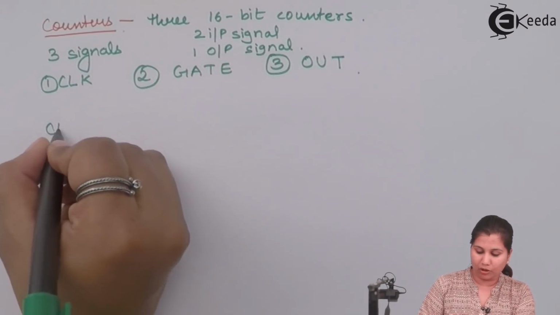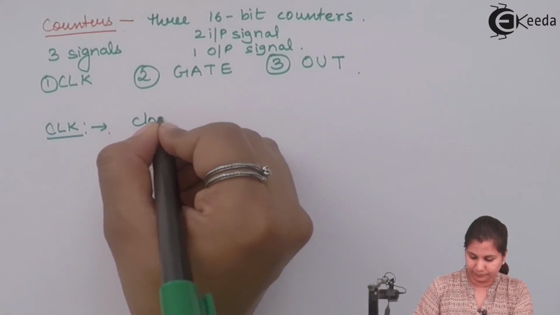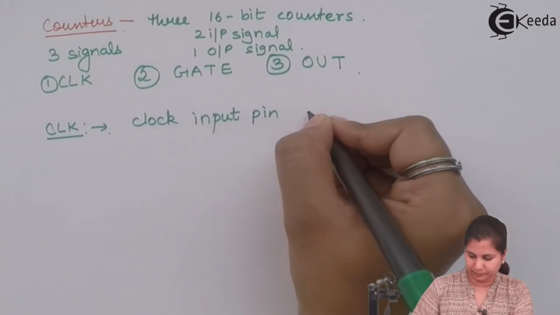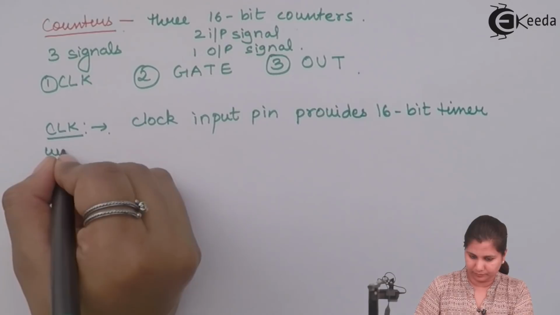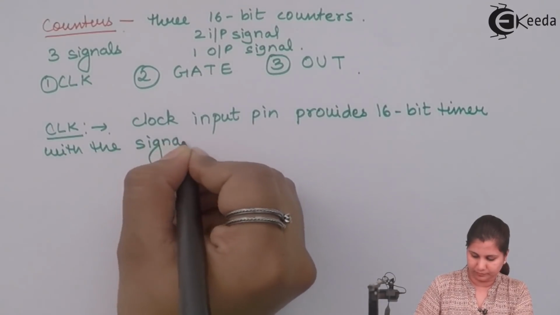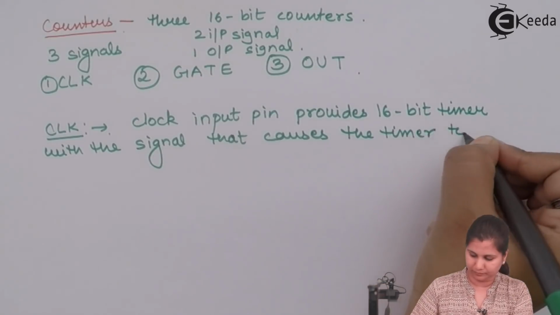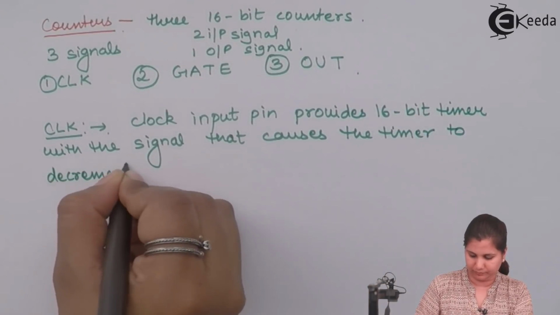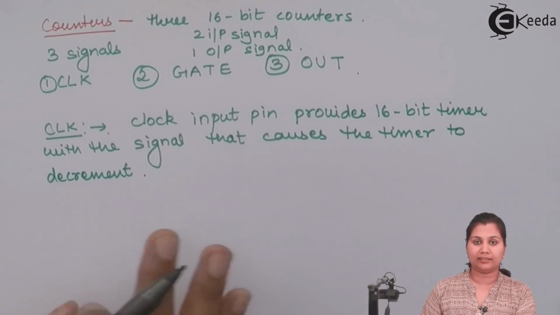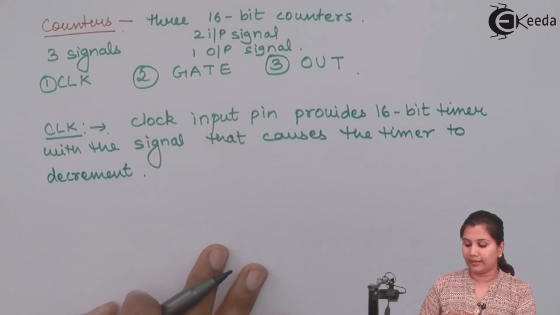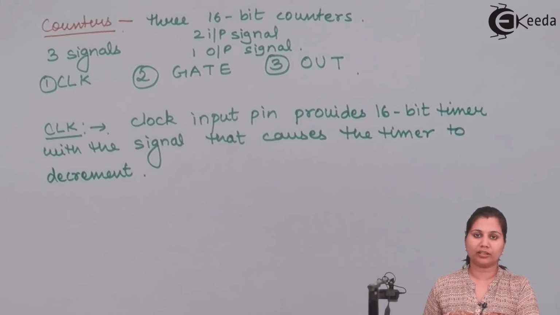First we will study the clock signal. The clock input pin provides the 16-bit timer with a signal which decides that the timer is going to decrement, meaning it starts the decrement process of the timer.